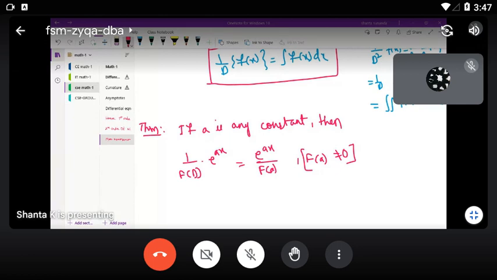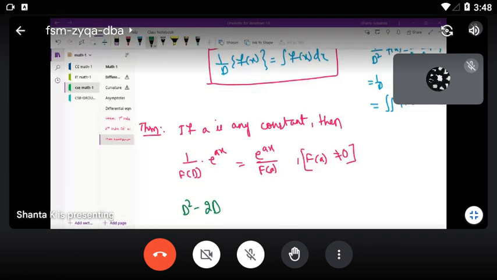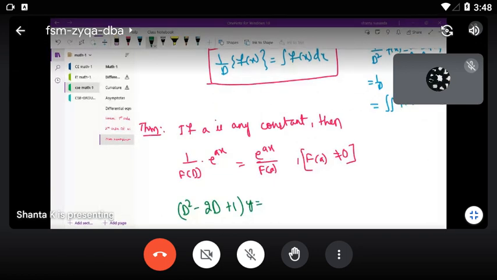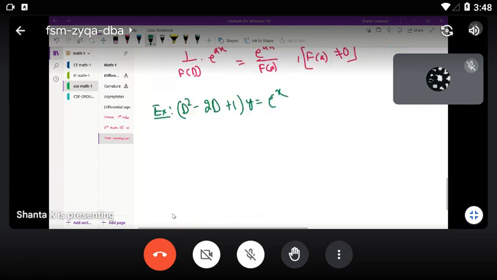So now we will do one example. You see how we are using this one. D square minus 2D plus 1, operating on y, equals e power minus x. This is our example. So we find the general solution.